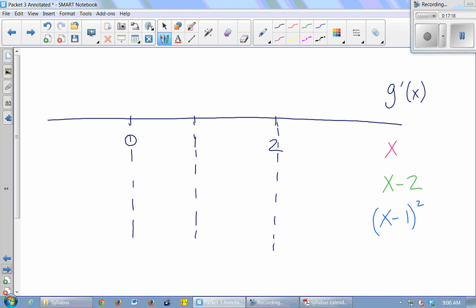Negative to the left of 0 and positive to the right. This is like the easiest one, right? x is negative to the left and positive to the right of 0. So you just fill in all the places where it's negative and positive. All right, how about x minus 2? Where is it negative? Where is it positive?